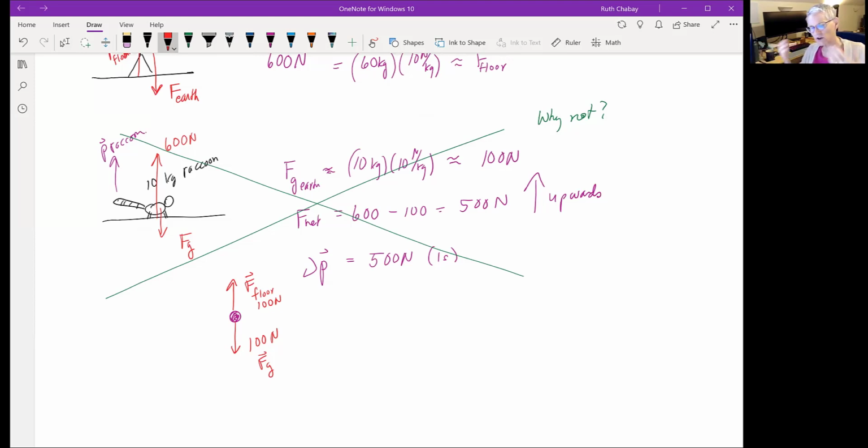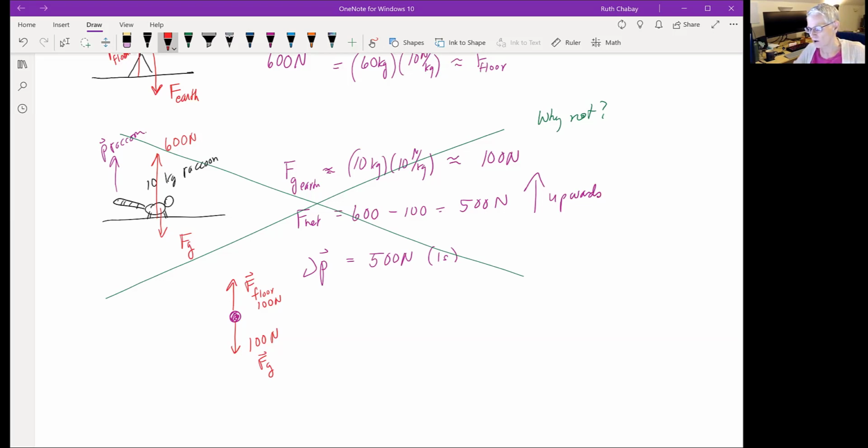And so the floor changes the force it exerts on the object in contact with it, depending on the mass of the object in contact with it, depending on how hard it's pushing. Yeah, so that's right. The floor adjusts its force, but how does a floor do that? And that's the reason that we're going to need to go down to a microscopic level and look at what's happening with a floor.